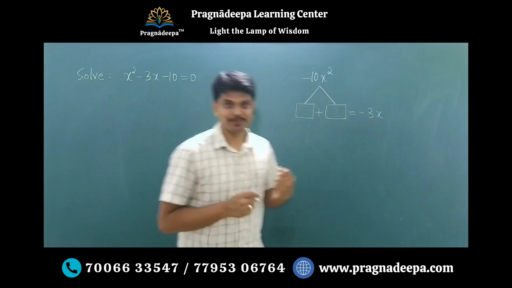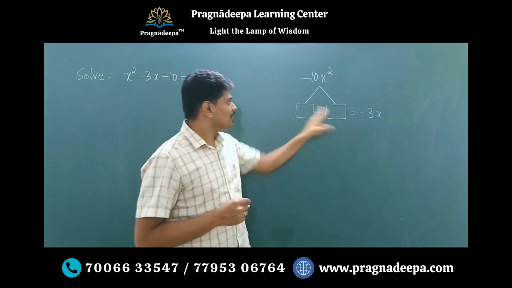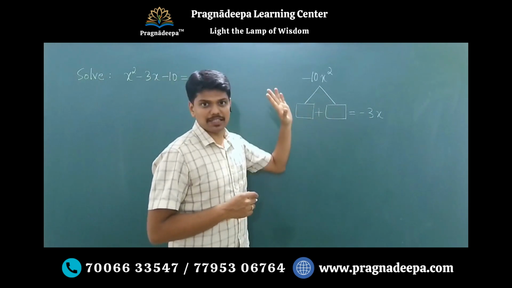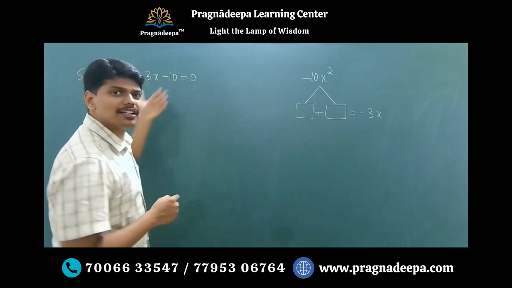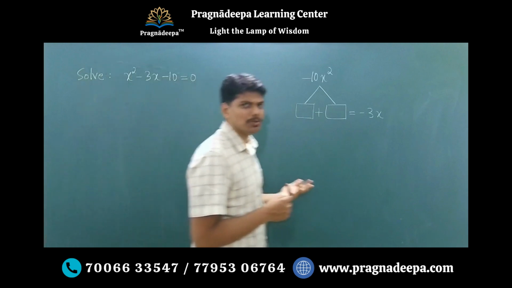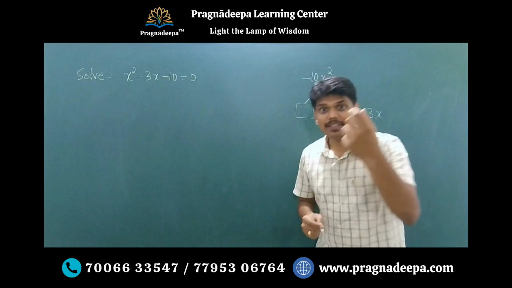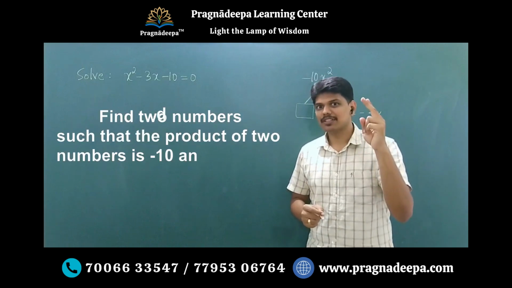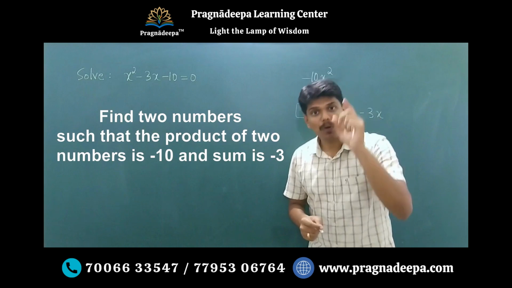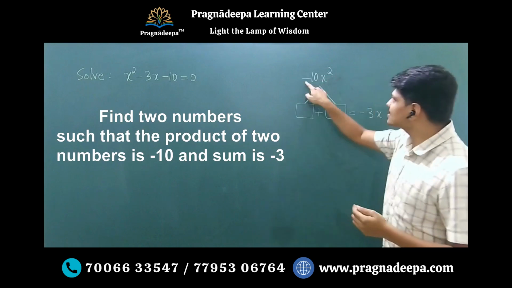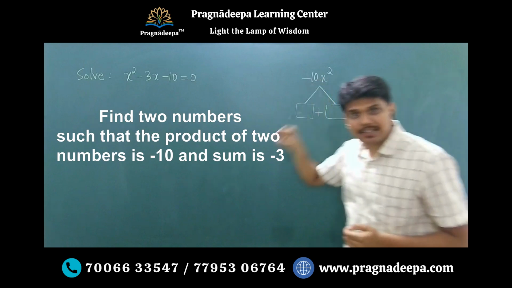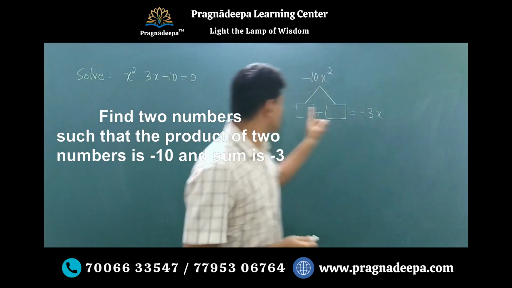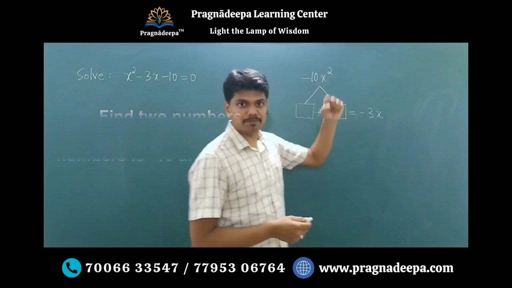See, how nice the question is. If we solve that question, we will get those two factorization numbers, and then solving the quadratic equation by the factorization technique becomes easy. I repeat the question. Find two numbers such that the product of those two numbers is negative 10 and the sum of those two numbers is negative 3.